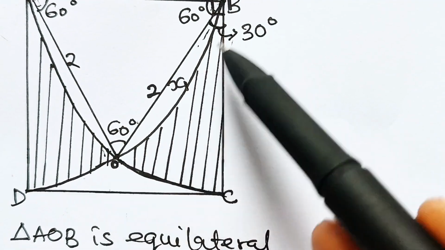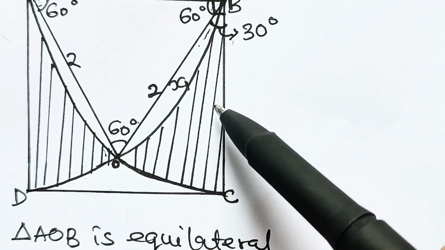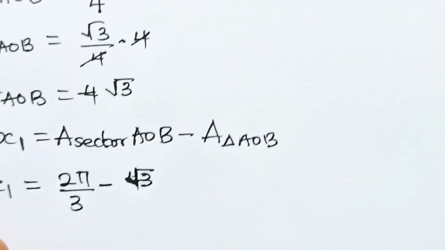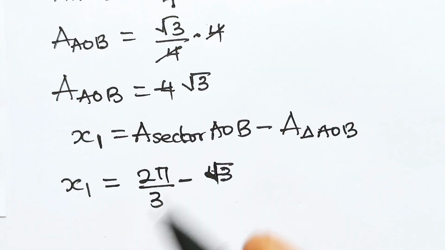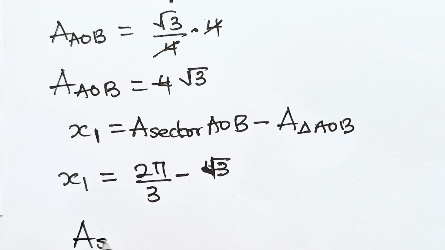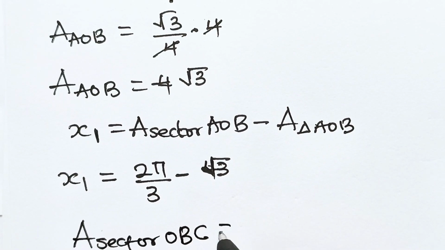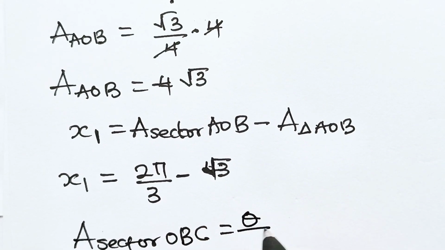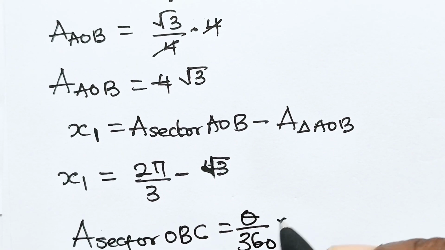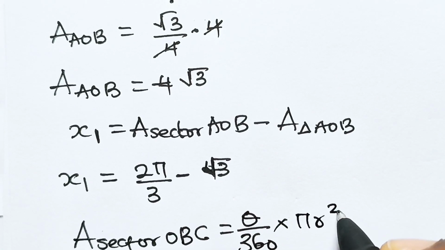So we have sector OBC, the whole of this. Now let's try to find its area. The area of sector OBC is equal to theta over 360 multiplied by pi r squared.